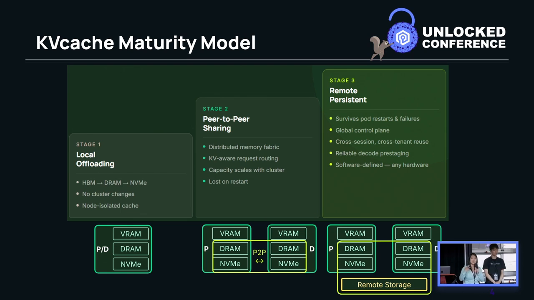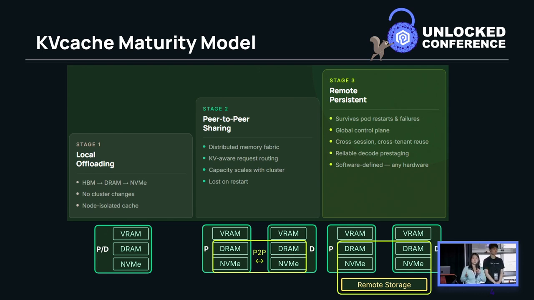It started on the GPU itself, so next to the GPU, something like VRAM. With super high bandwidth, the GPU can access this KV cache as a transient thing at, let's say, tens of terabytes a second. However, it's an expensive commodity. You might only get tens of gigabytes of VRAM next to the GPU. So then what do people do? They do local offloading.